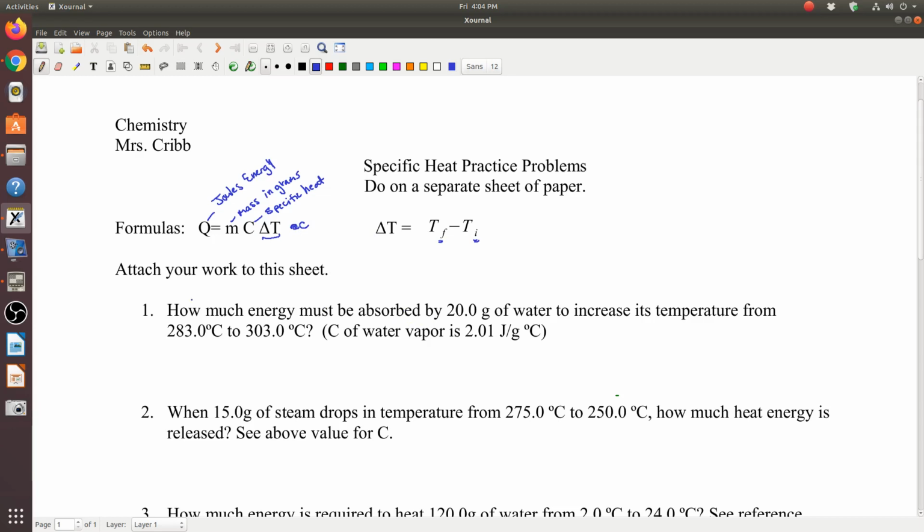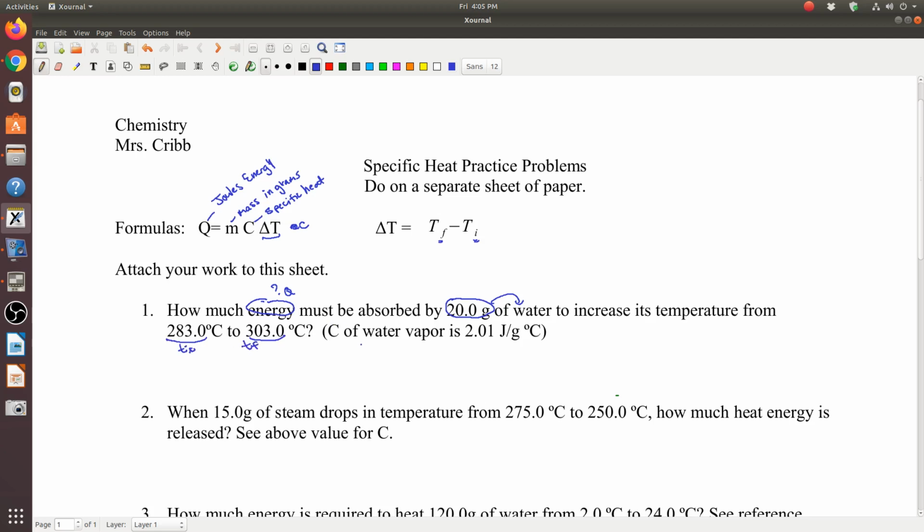So we're going to use these. Now, how much energy? There's the question. That's the question, and that's the Q. How much energy must be absorbed by 20 grams of water? Now, you also have to know it's water, to increase its temperature from this to this. So this is going to be the initial temperature. It goes from that to the final temperature.